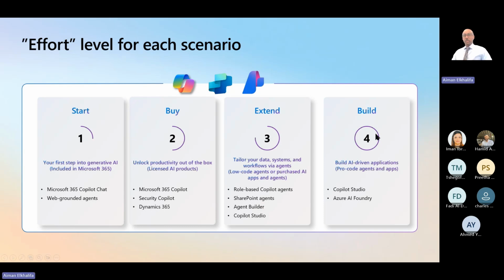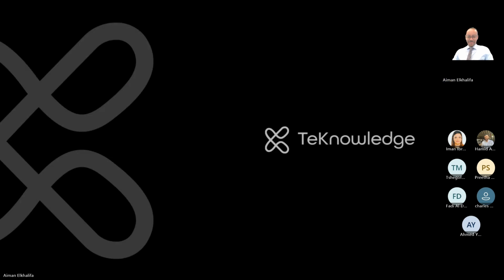And the last, effort level 4, takes it beyond building your own agent in Copilot Studio, and takes it to Azure AI Foundry. And I will tell you the difference between these two when we reach that level. Do you have any questions so far?